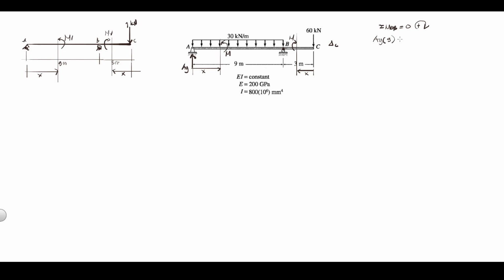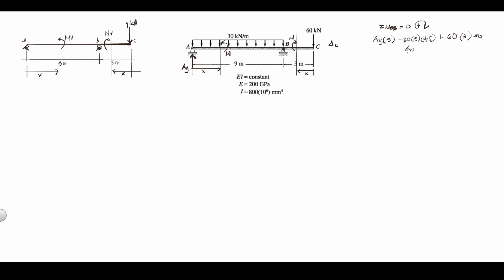Okay, and then we have negative 30 kilonewton times 9, times moment arm 4.5. And then also we have here the 60 kilonewton. So, positive pa rin yung 60 na yan at point B. 60 times 3 is equal to 0.